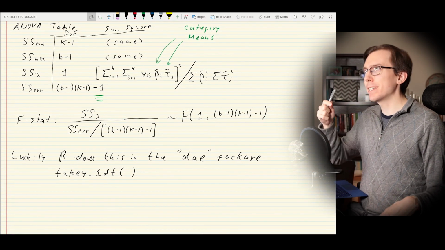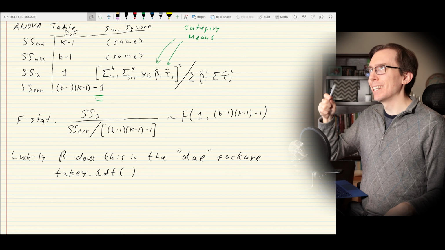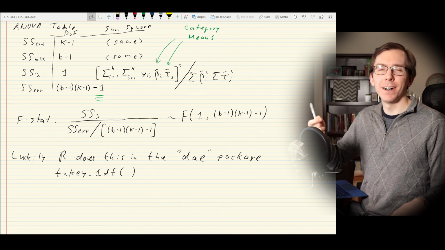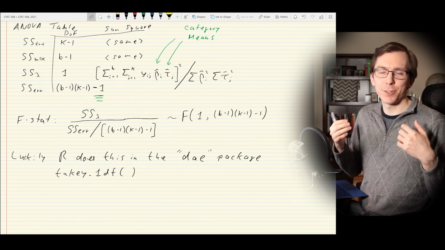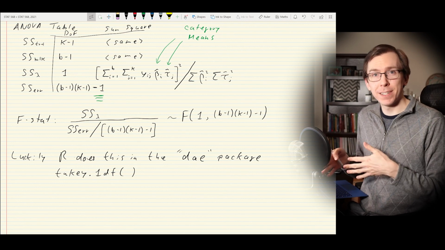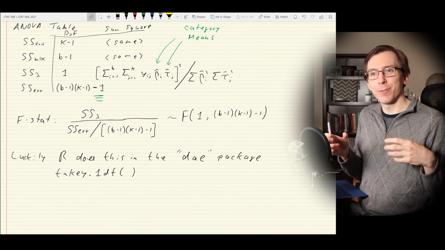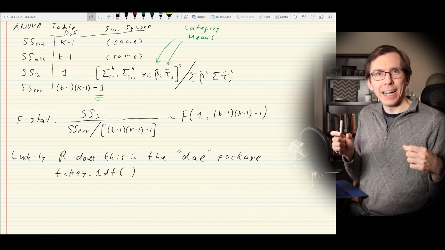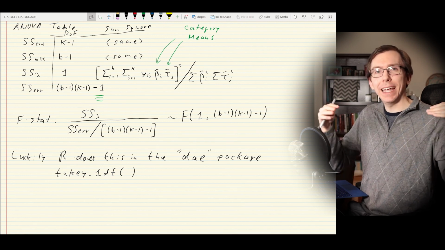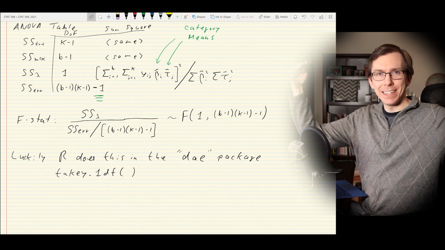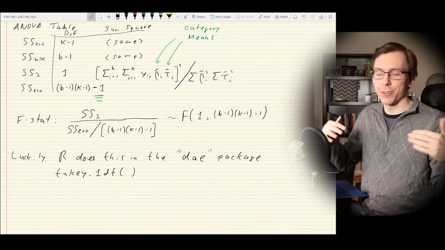And also this type of logic extends when we go beyond just a single block and a single treatment. We could have multiple treatments, we can have multiple blocks, and then we can actually test for some pairwise or triple interactions, but we can't test for the giant interaction of all the blocks with all the treatments.